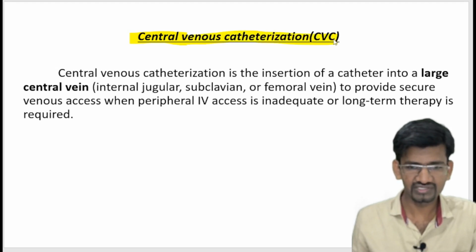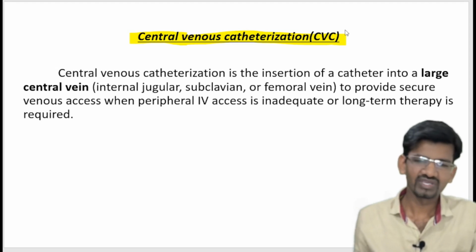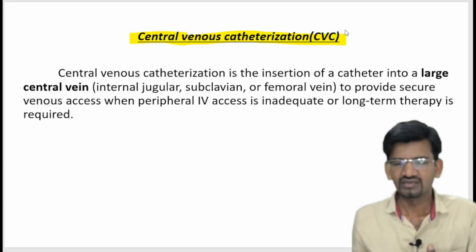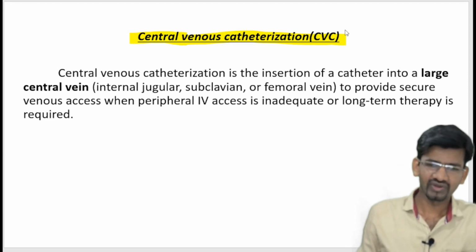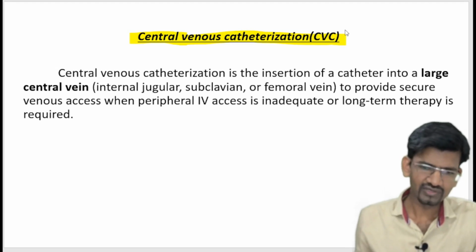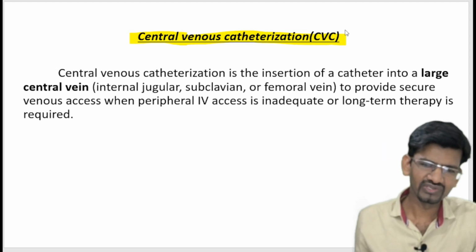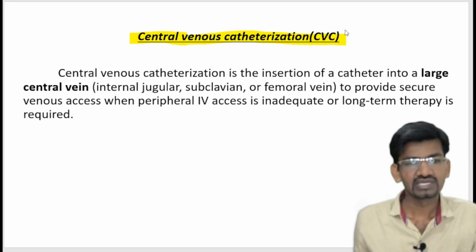In peripheral venous catheterization we insert a very small catheter into the peripheral veins, whereas in central venous we insert a catheter into the large veins, especially those located at the center of the body, quite close to the heart. In those larger veins we insert a catheter, and that procedure we call central venous catheterization.